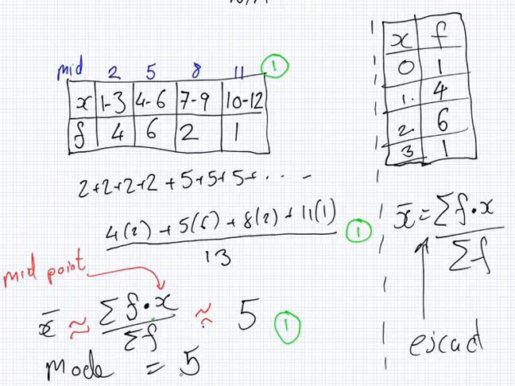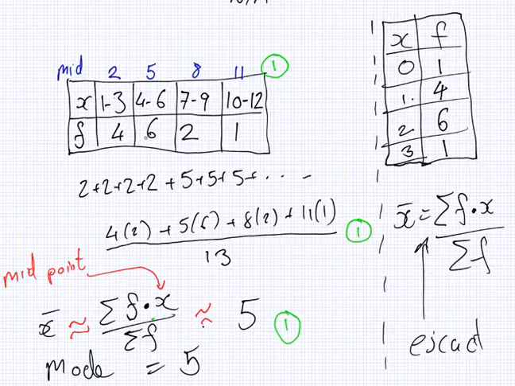The median is going to be 5 also if you arrange them from 2, 5, 8 and then... How much data do I have? 13. So what's the middle of 13? It's 7, the 7th number. So the first 4 are here.